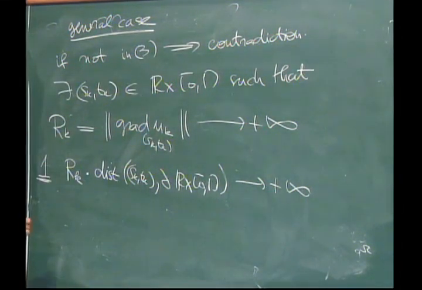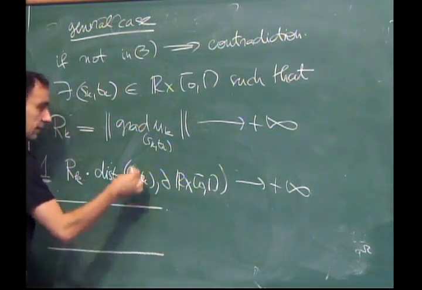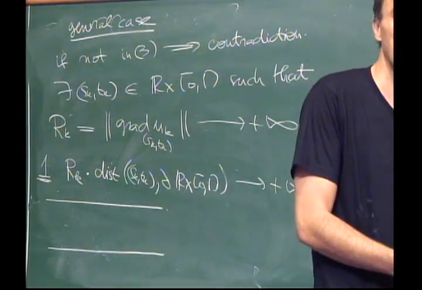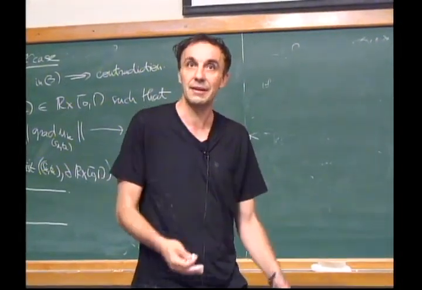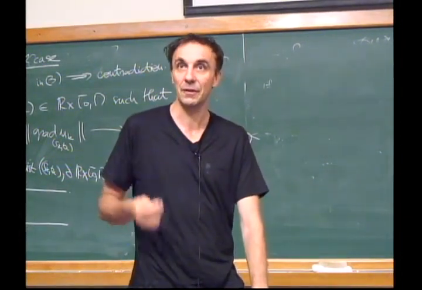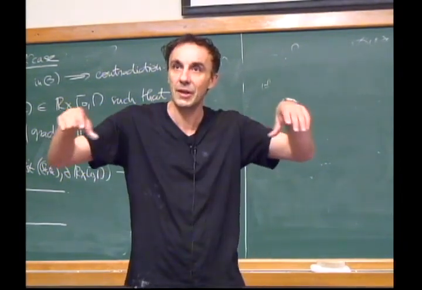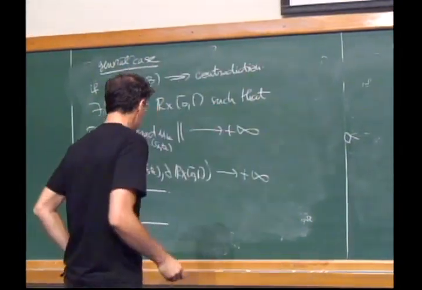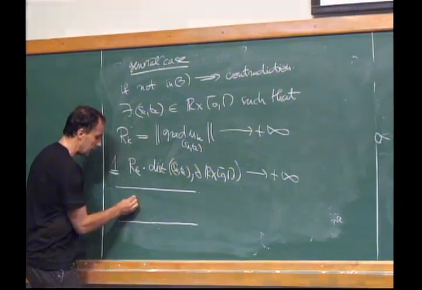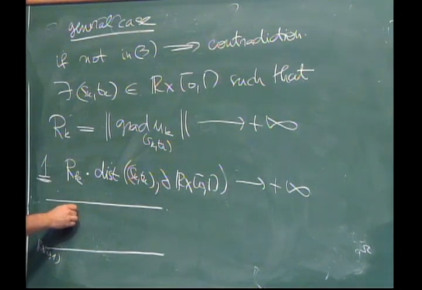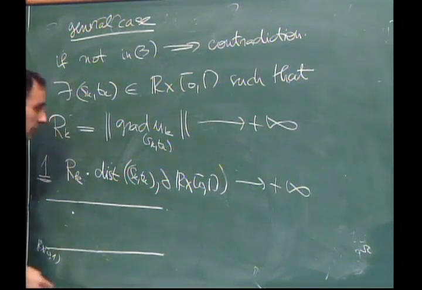I should have told this before: I also work in the relative case. Of course, the absolute case is easier than the relative one. So I work with the boundary case. When there is no boundary, of course, it's a particular case of this one, right? So this means that this point where the gradient goes to plus infinity is somehow far enough from the boundary, right?